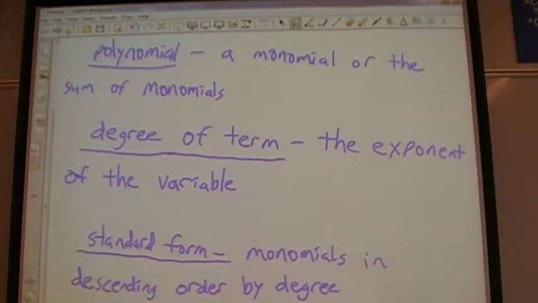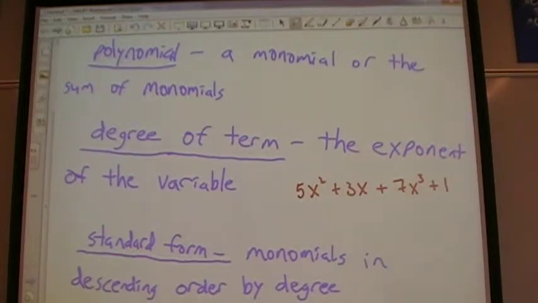Alright, let me put our example up here. 5x squared plus 3x plus 7x cubed plus 1. Okay, to write that in standard form, you have to write the largest exponent first, which is what?